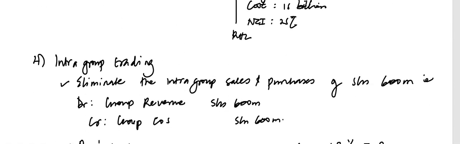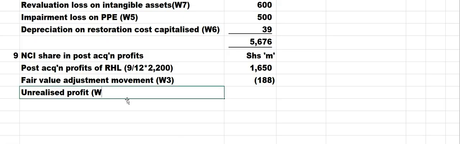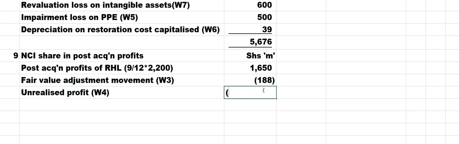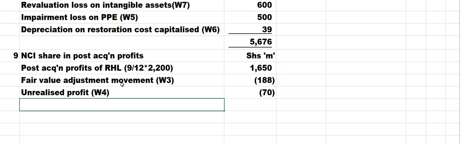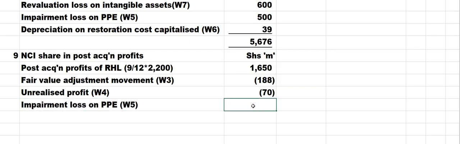That's working 4. So that means the NCI is going to be affected. That's a 70. So you first adjust the profits, that's 70. Then there is impairment loss. The sub has an item of PPE which suffered impairment, so adjust those profits still by the impairment loss on PPE.